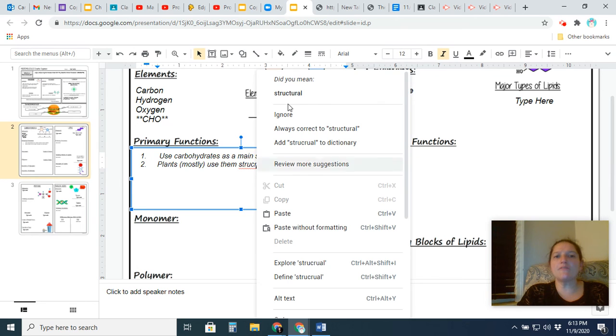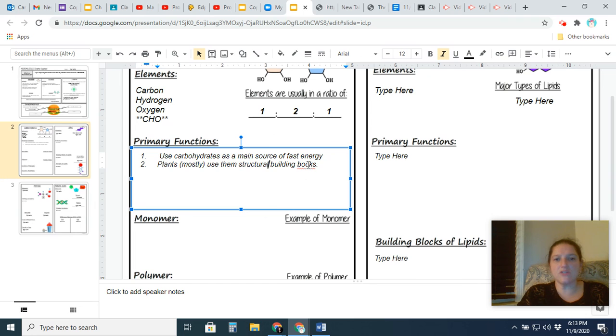If you remember from middle school science, we talked a lot about different types of cells. There was animal cells and there was plant cells. Well, one of the things that makes plant cells different is they have cell walls, and cell walls are very, very rigid, and they give plants their structure, much in the same way that skeletons give human beings their structure, right? It's sort of like the backbone, if you will, of the plant cell. And that is made up of cellulose, which is a form of carbohydrate.